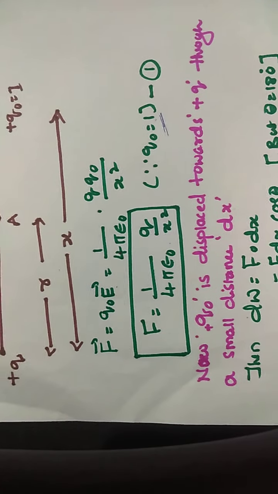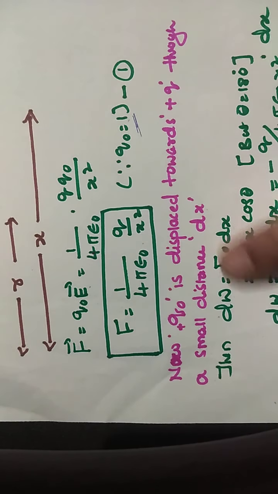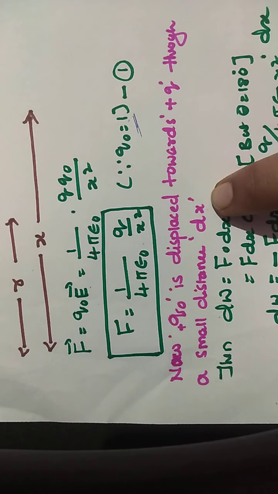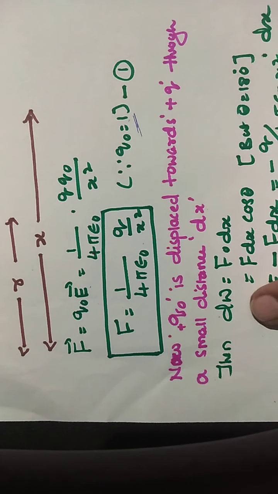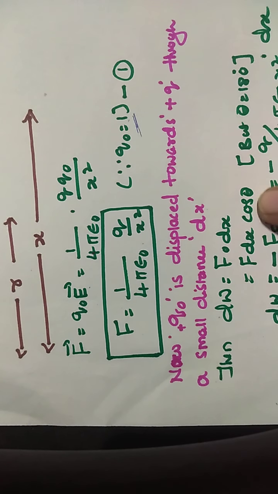Now if this Q naught is displaced towards plus Q through a small distance dx, work is done against the electric force of the field, and that work is given by dW is equal to F dot dx. This is equal to F dx cos theta.